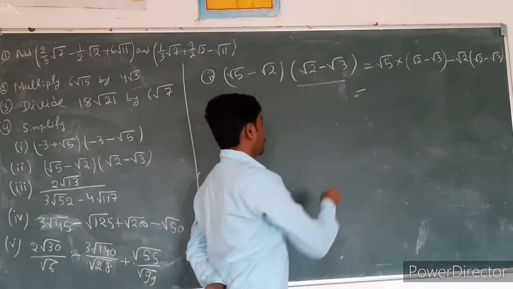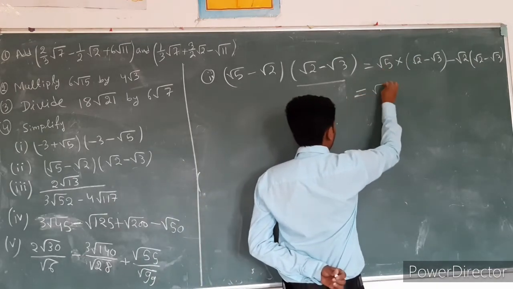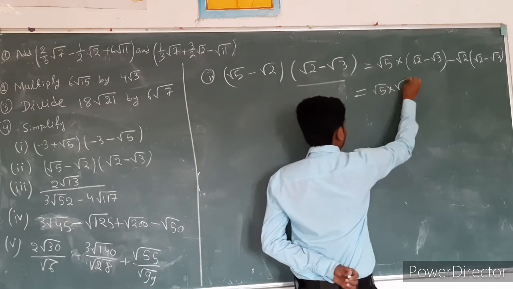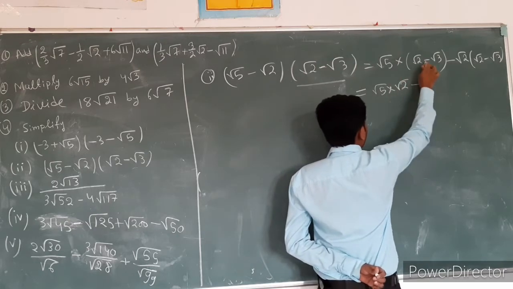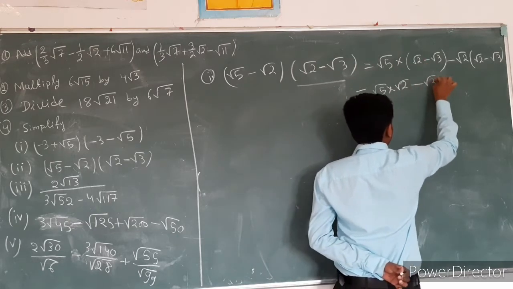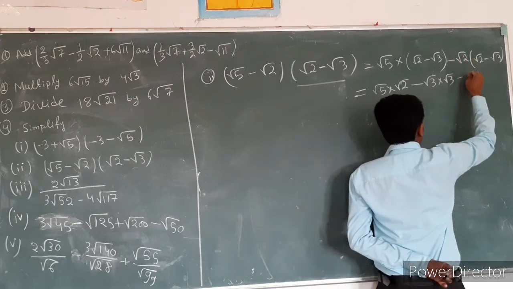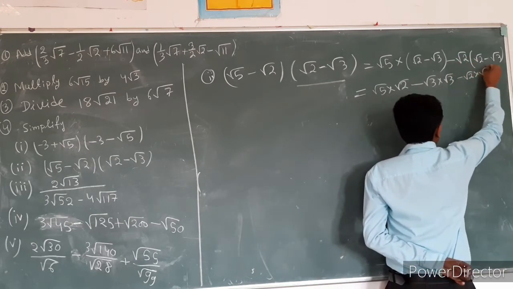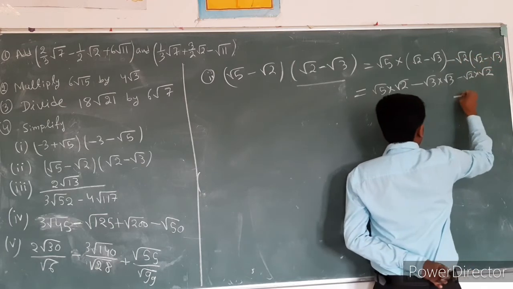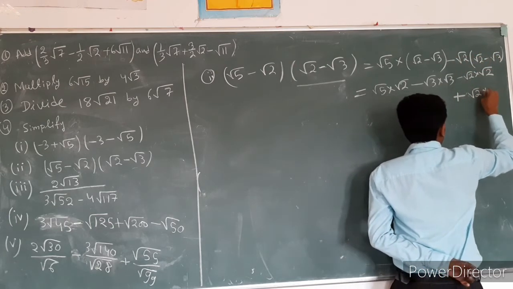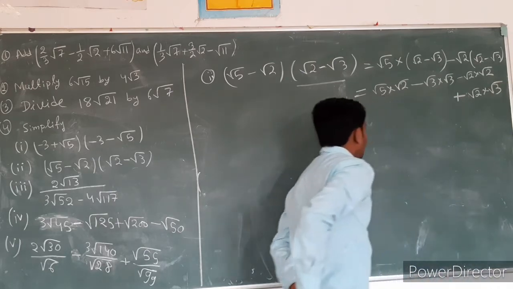By the law of distribution, root 5 is multiplied with root 2, minus root 5 is multiplied with root 3, minus root 2 is multiplied with root 2, minus minus plus root 2 is multiplied with root 3.